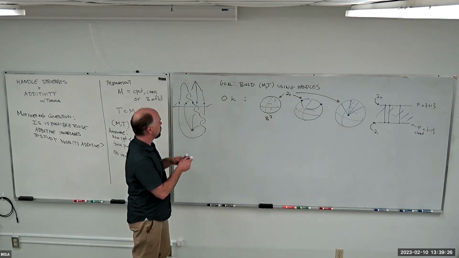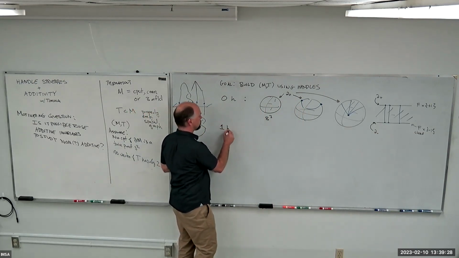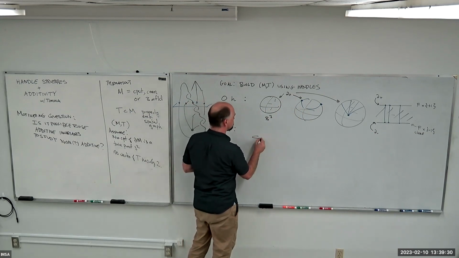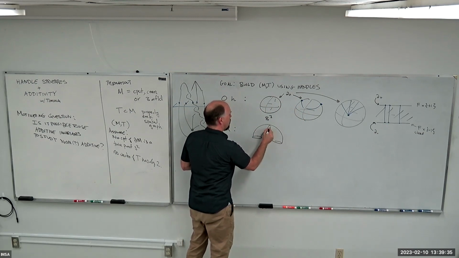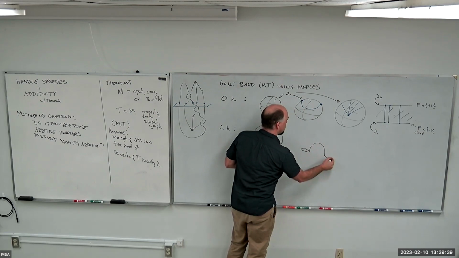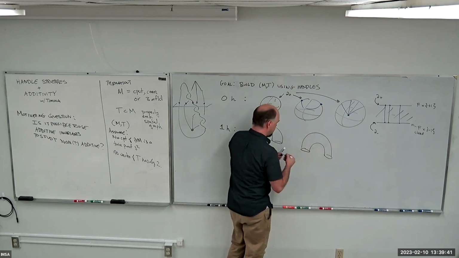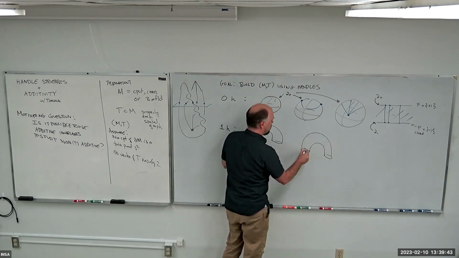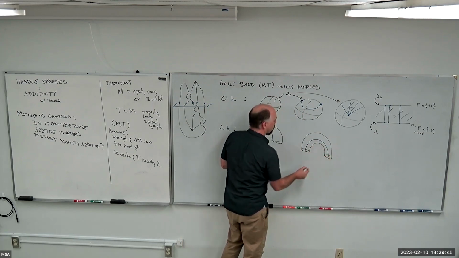Okay, so those are the 0 handles, and the 1 handles come in 2 varieties. The usual kind of 1 handle, and then a 1 handle where I also have the core of the 1 handle.